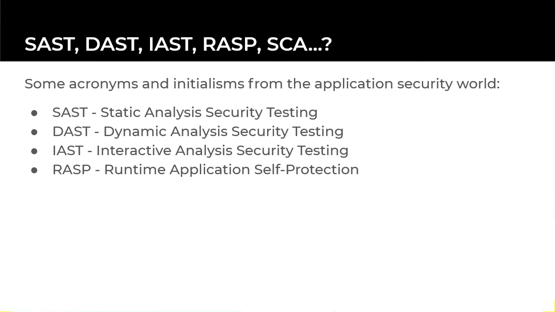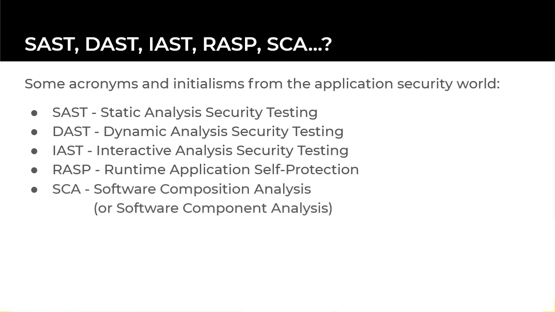It essentially involves an application that can detect attacks on itself, log them, and optionally take defensive actions. This goes a step further than a web application firewall, like mod security, for example, because it's integrated with the application runtime.